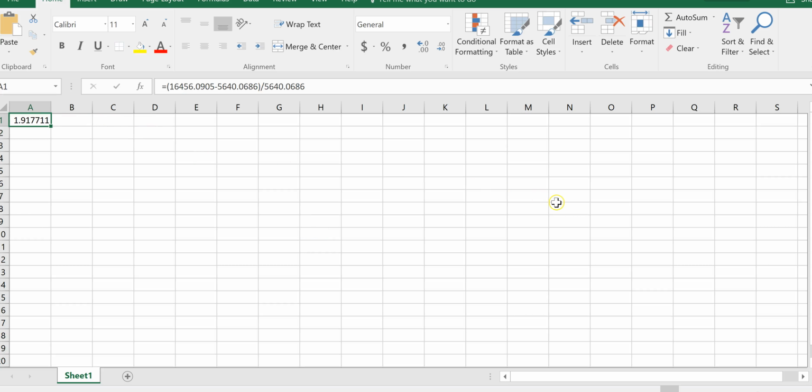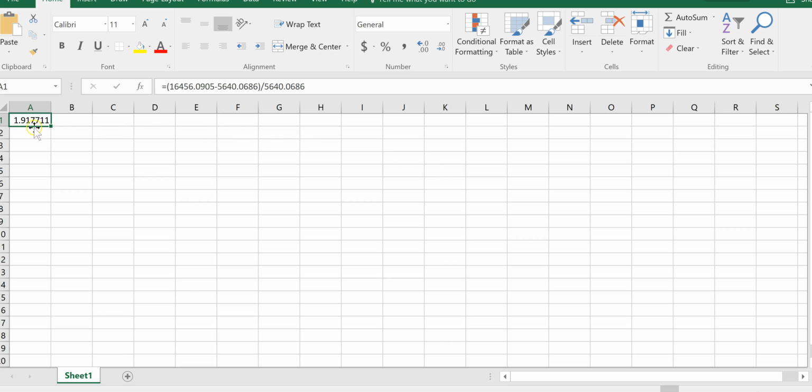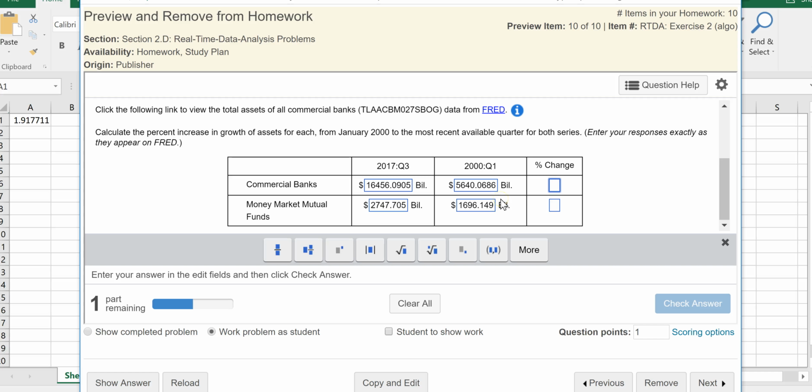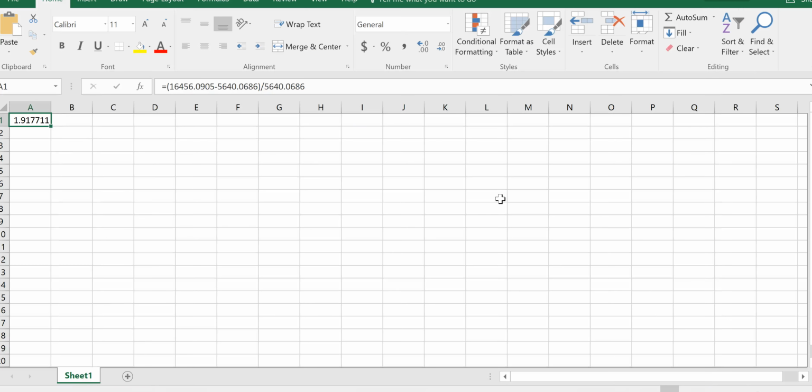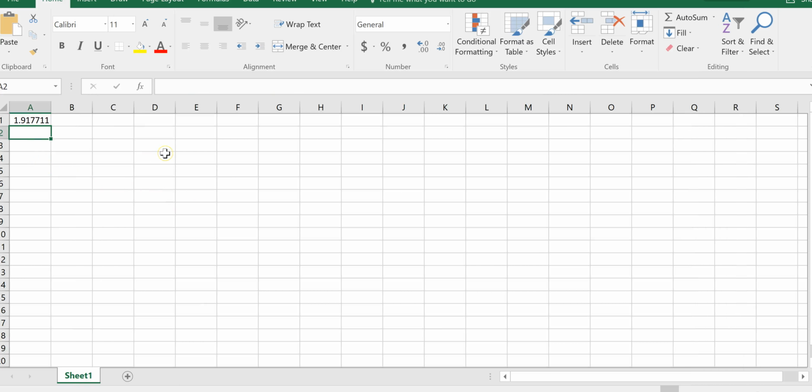That gives me the percentage change. So the number here is 1.917711. So put that into percentage terms. That gives me 191.7711. So do the same for the mutual funds.